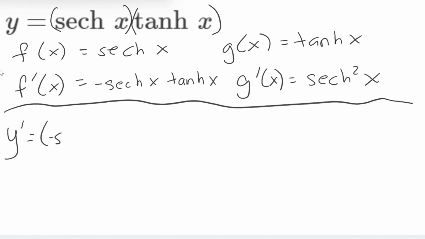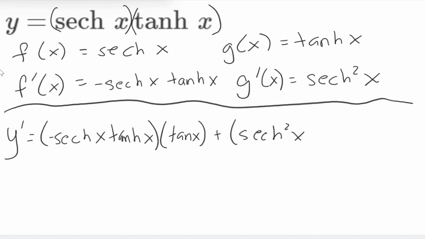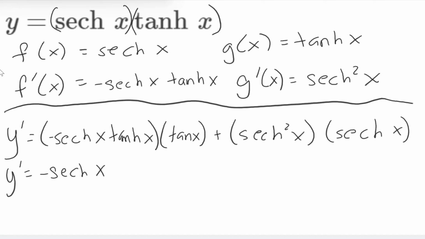So we've got negative secant hx tangent hx times the second plus the derivative of the second times the first. So we've got negative secant hx tangent squared x plus secant h to the third x.